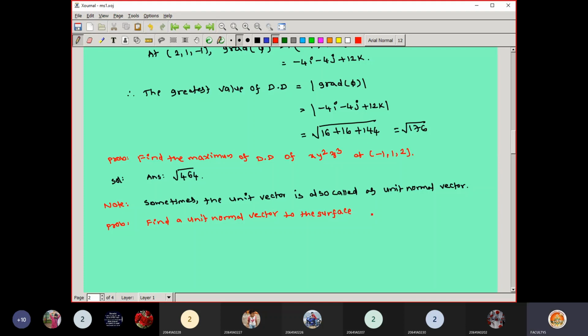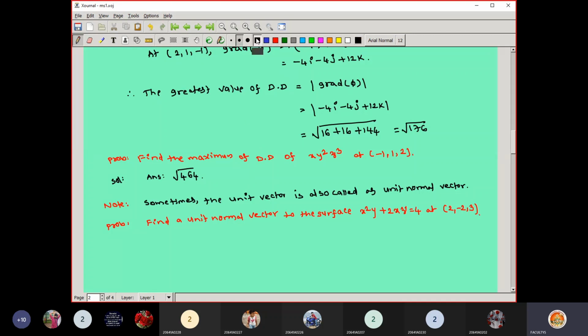They are not asking for the directional derivative. They have given the expression x square y plus 2xz equal to 4 at the point 2, -2, 3. So simply they are asking to find the unit normal vector.